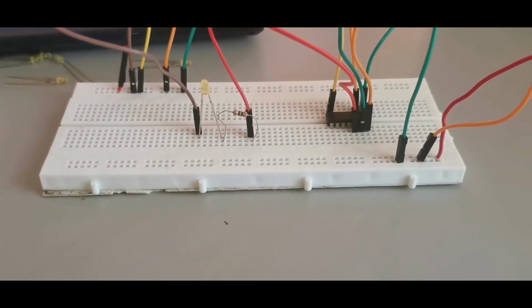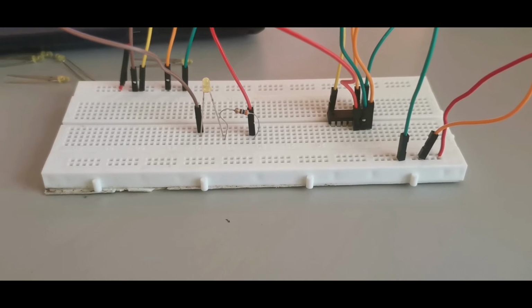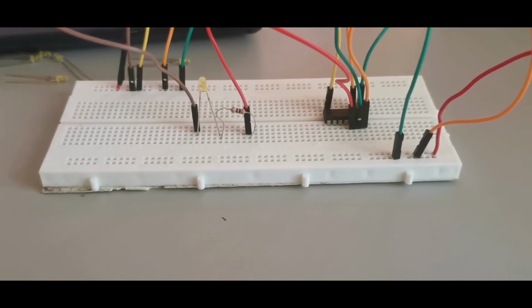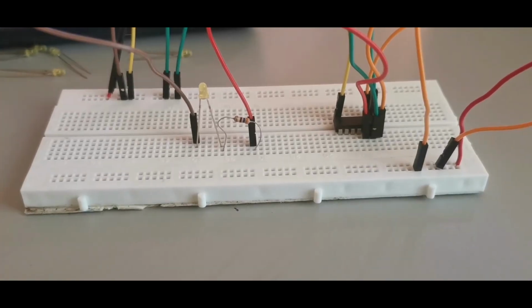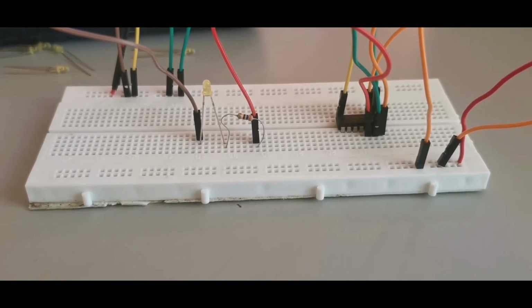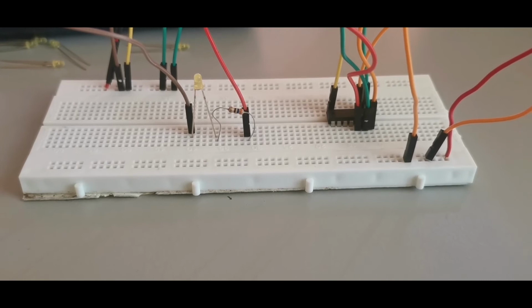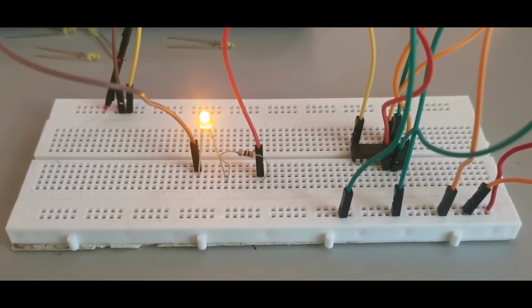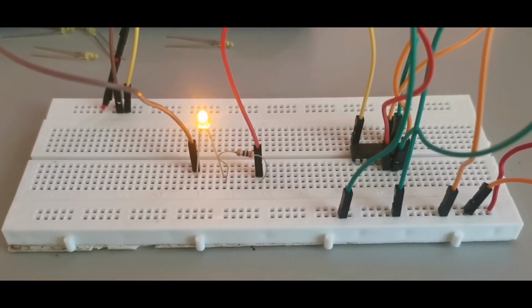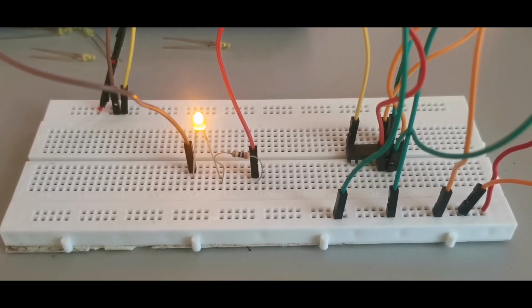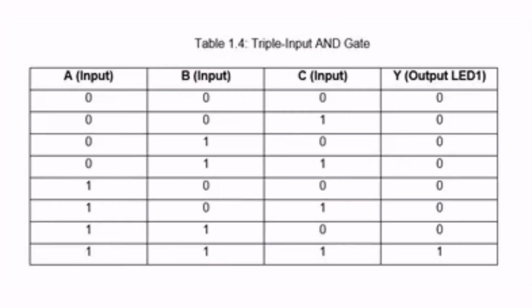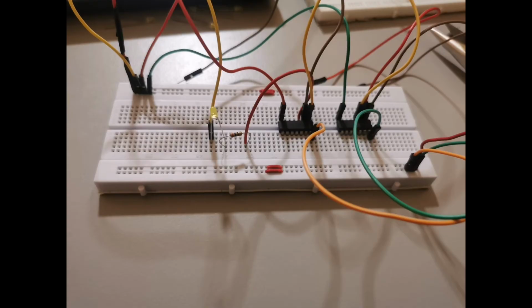If terminal B is at 1 and the rest are at 0, the output will become 0. If all of the terminals are at 0 except terminal A, the output will become 0. The output will only become 1 if all the terminals are at 1. The multiple input AND gate is still an AND gate. It will still give an output of 0 almost every time unless all inputs are 1.